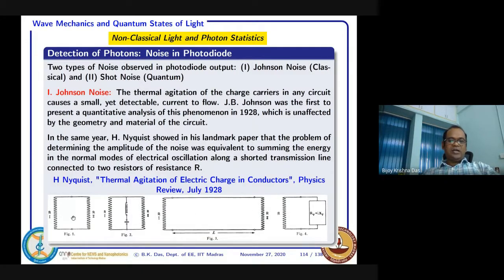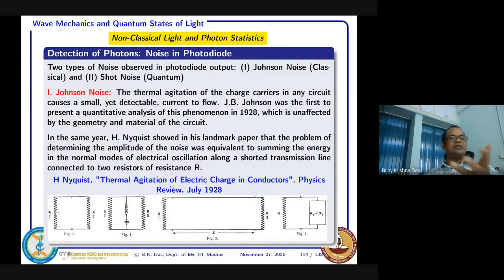So the first thing is that he assumed 2 resistors, just a resistor R and another resistor R basically. They are just connected simply like this with 2 terminals, connected back to back. Okay, so now what is happening? He assumed that there will be some kind of thermal agitation in this.